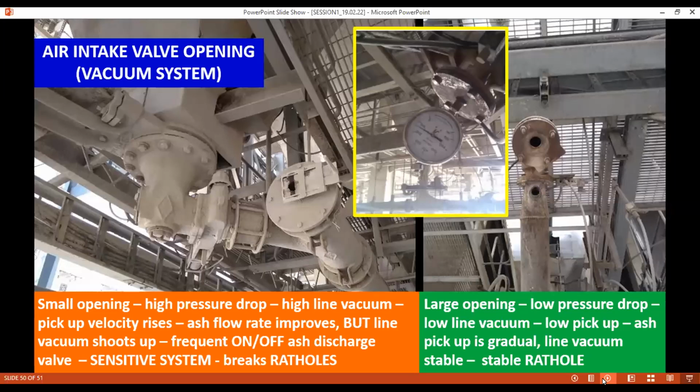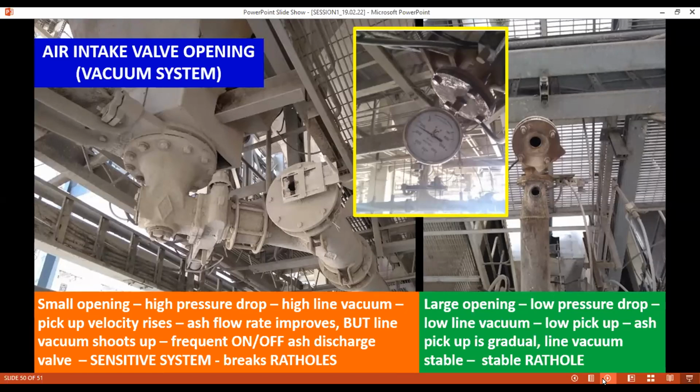You can also make certain changes in the ash intake valve. If you are unable to break the arch, maybe temporarily, I underline this word, you can close the ash intake valve setting, create extra vacuum in the line, and you can break that arch. But don't leave it like that.